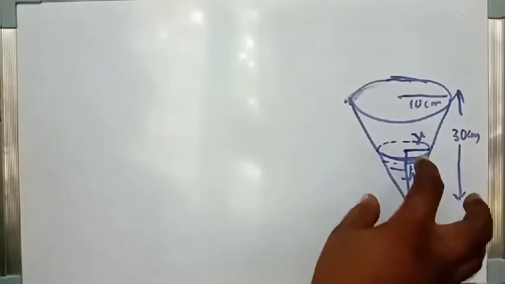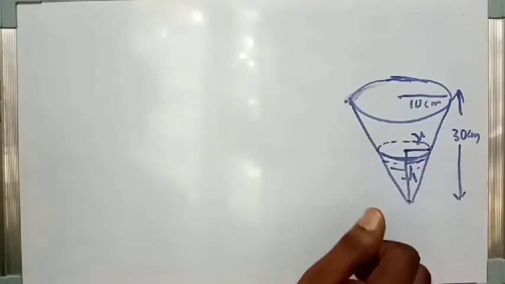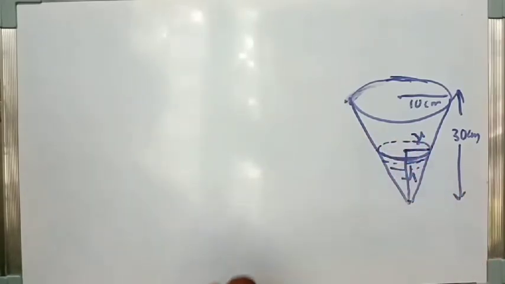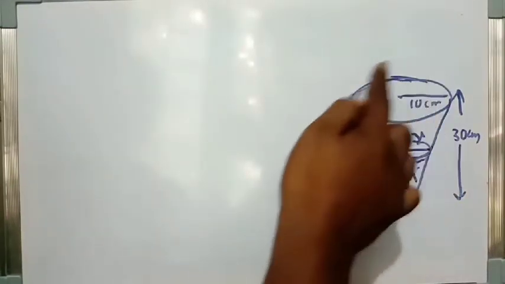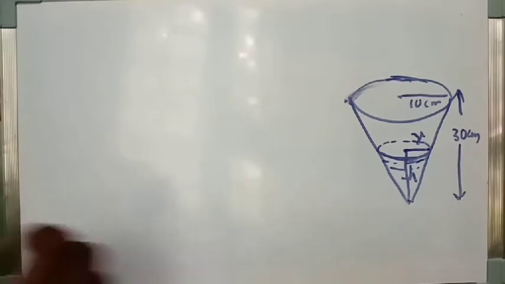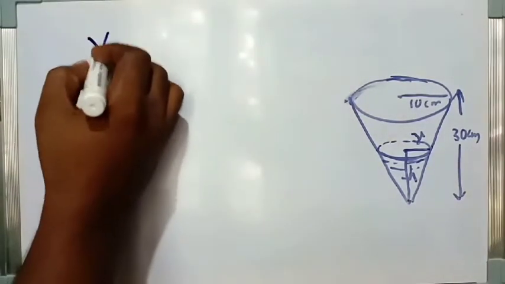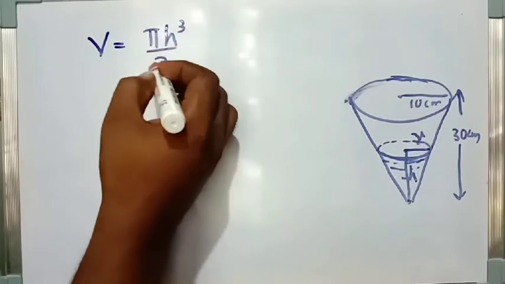So in this question, the question is completely related with this water level and the shape of this water. You know the shape of this water is the same as the shape of the container. Now our first question is to show that volume is equal to pi h cubed by 27.